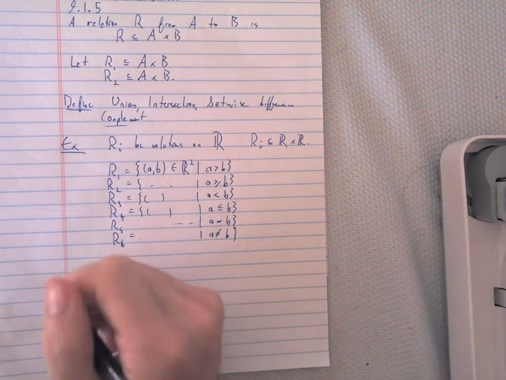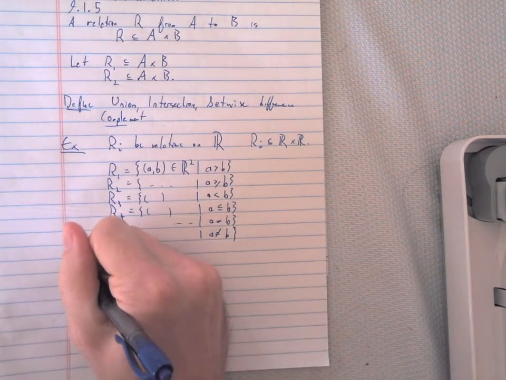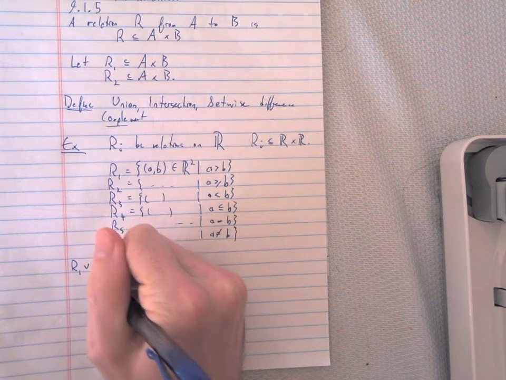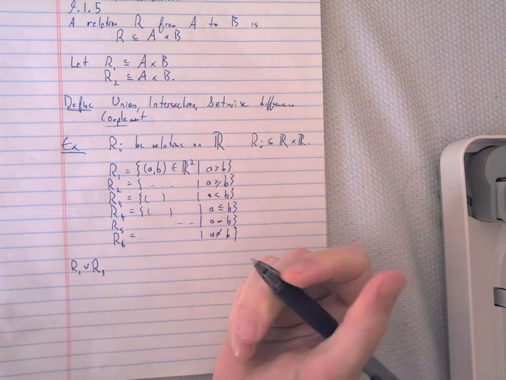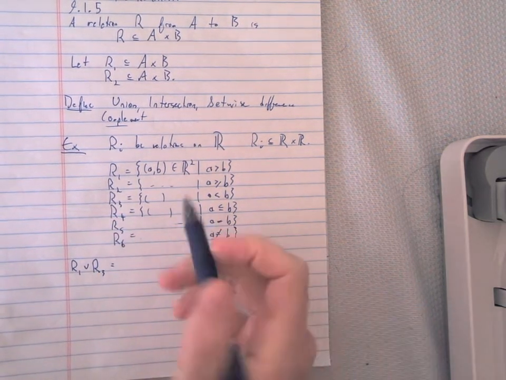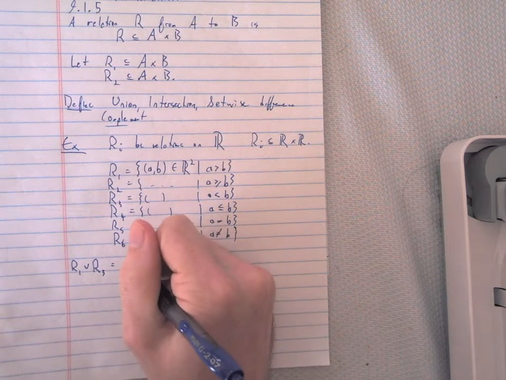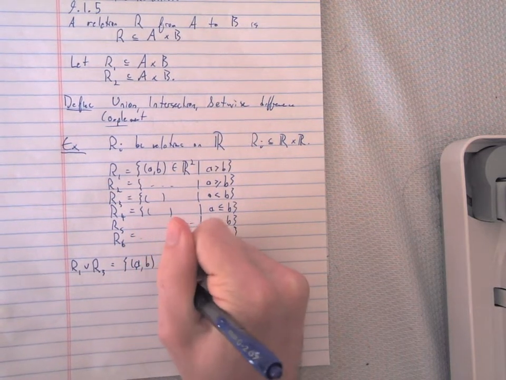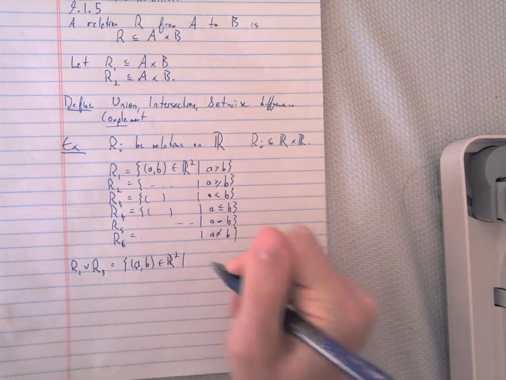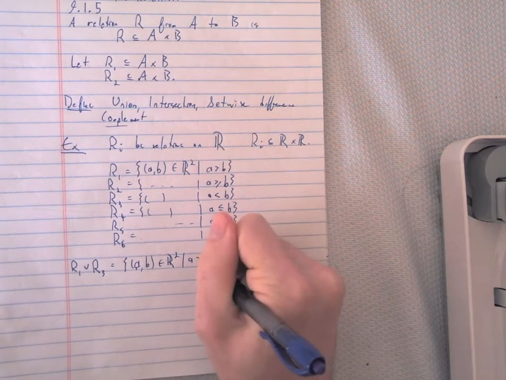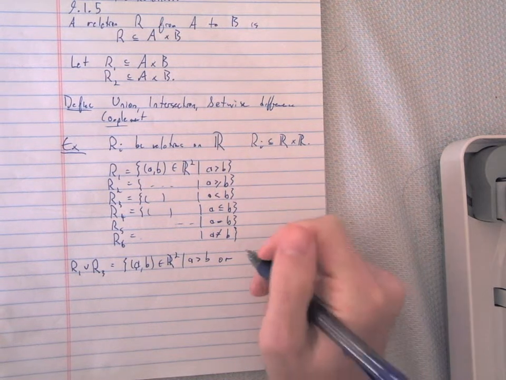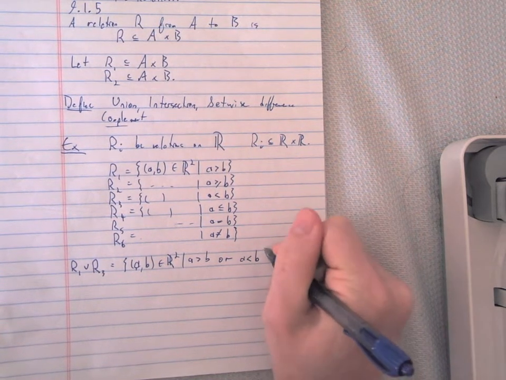And then we can discuss what are the unions of some of them. For instance, what is the union R1 union R3? Well, by definition, this is just going to be the set of all (a, b) in R squared such that either a is greater than b or, the condition for R3, a is less than b. Right?